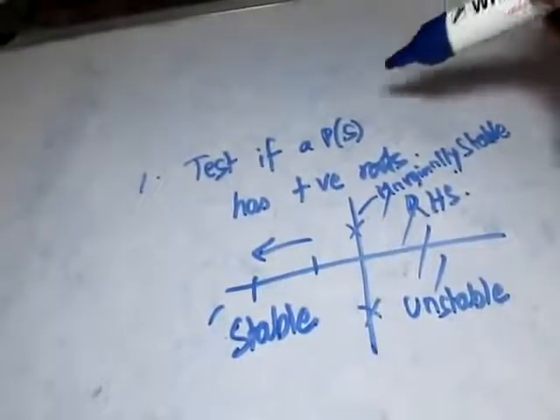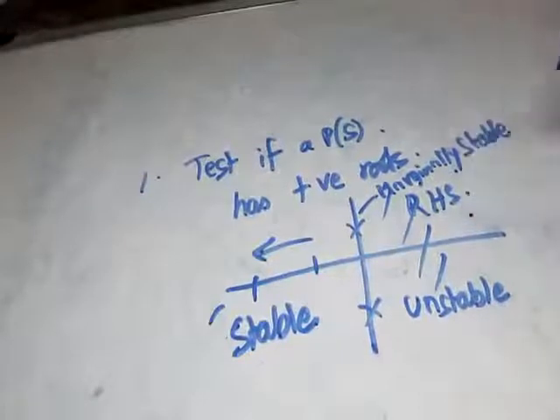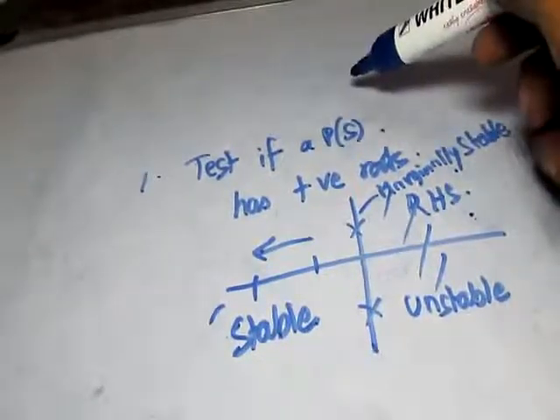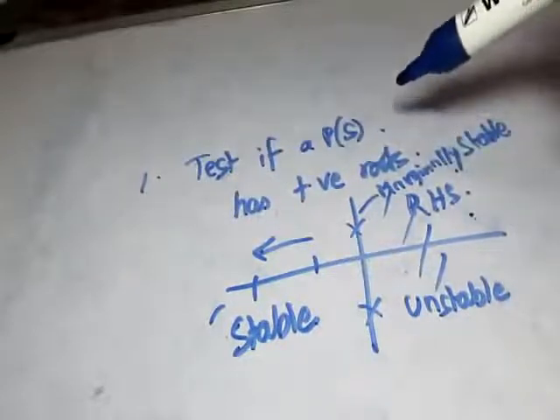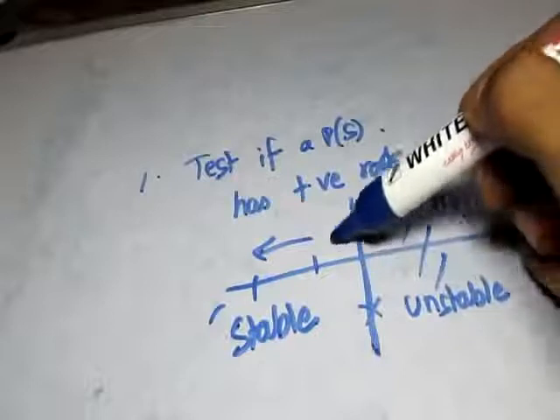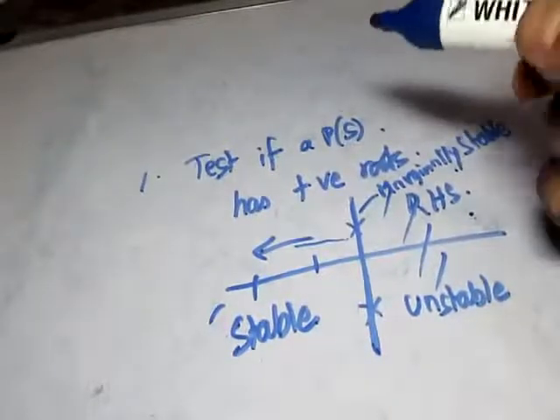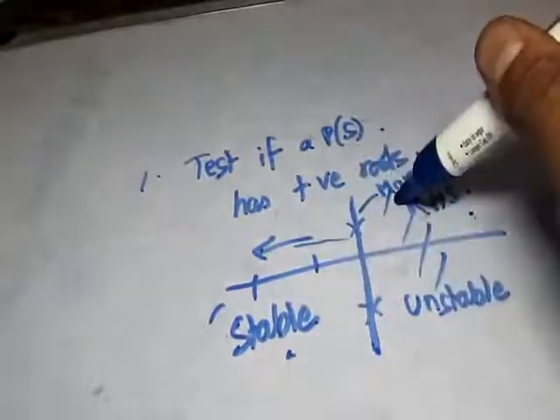So if P(s) has a positive root, it will lie on the right half plane and the system will be unstable. So if a polynomial is a Hurwitz polynomial, its roots will lie on the left half of the plane. This proves the system will be either stable or marginally stable.